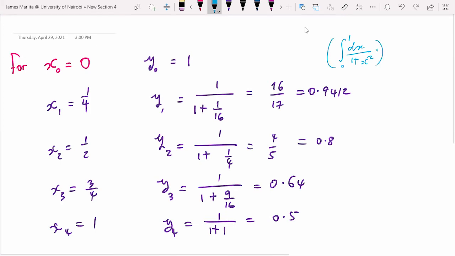So if x naught is equals to 0, then our y naught is going to be 1/1 plus 0 squared, which gives us 1. Then for x1, which is 1/4, this will be 1/1 plus 1/4 squared, which is 1/16. And that's why we get those figures. So we have the y's, we have the x's, then now we employ the formula.